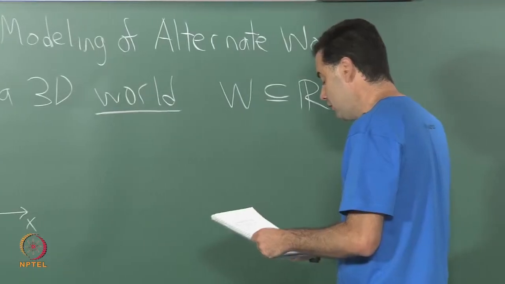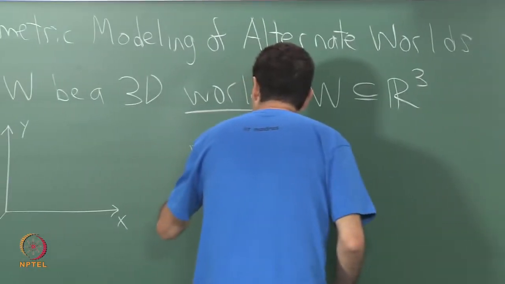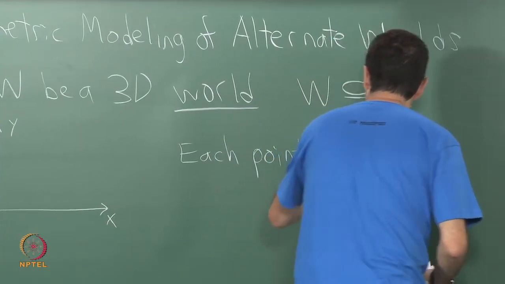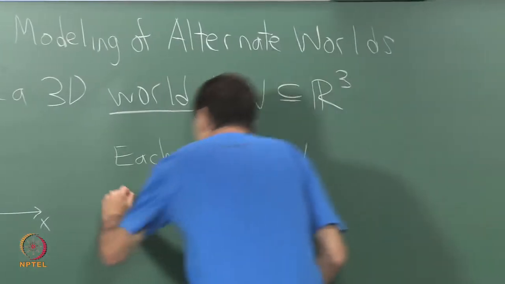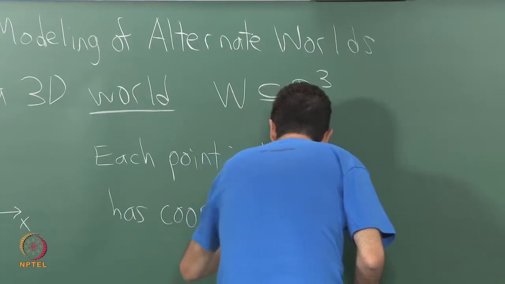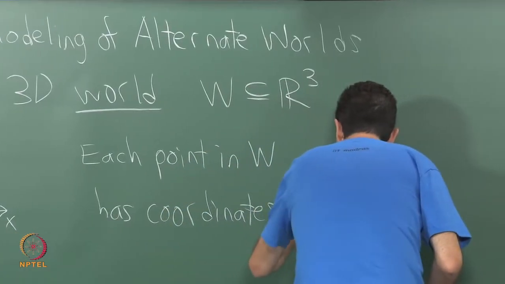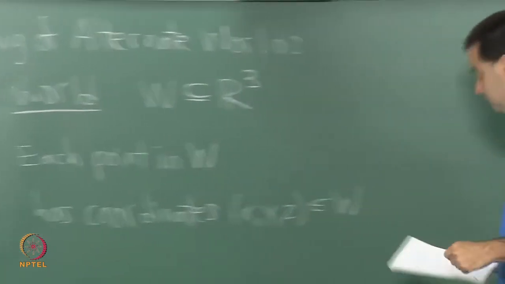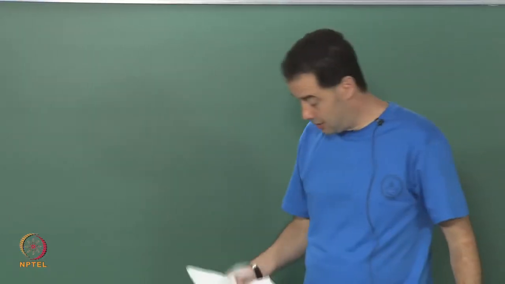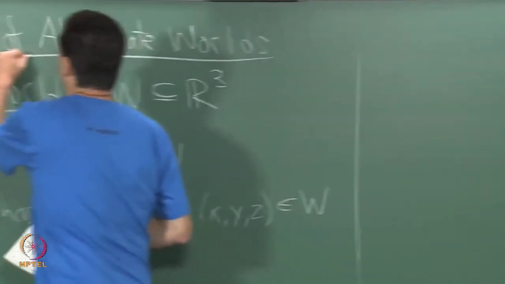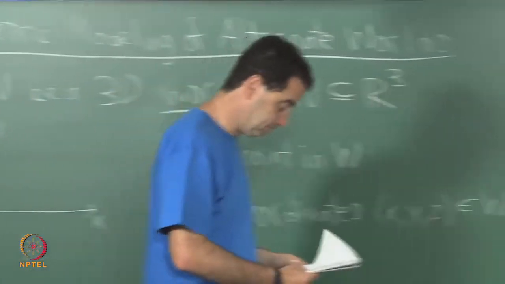So this is a 3-dimensional world, and each point in this world has coordinates x, y, z, an element of W. I'll be describing points with x, y, z coordinates. The world has 2 kinds of models.